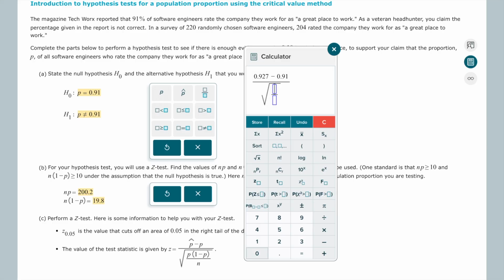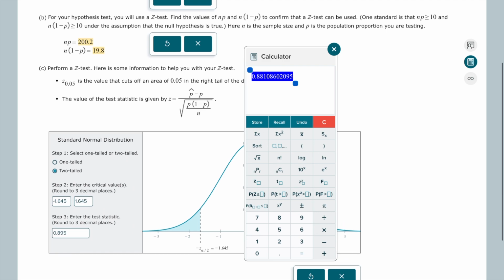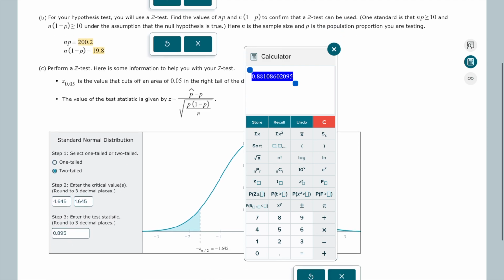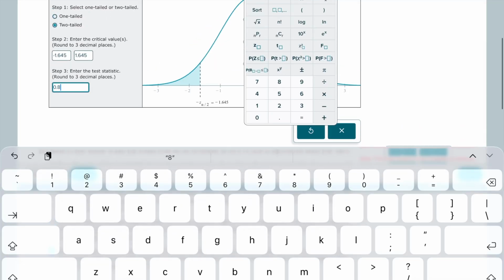This just makes sure that you multiply everything in the right order. And then you can do a parentheses, 1 minus 0.91, so it looks just like the formula right there. So you're welcome to do it that way too. And rounding it made it a little bit off, but it will still count that right. Okay, we'll even double check it to make sure.